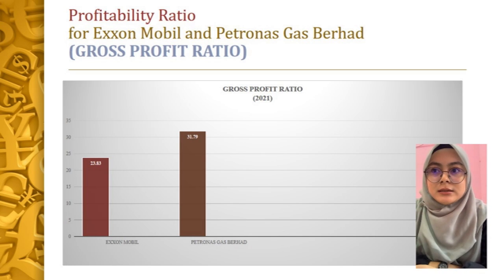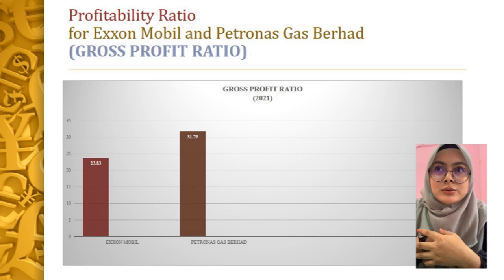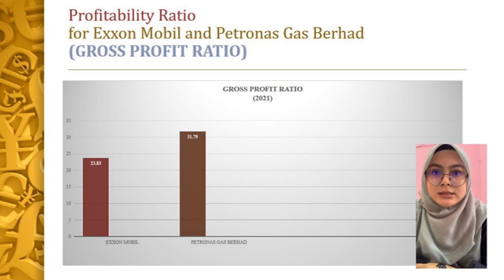Today I'm going to talk about vertical ratio analysis for ExxonMobil and Petronas Gas Berhad in 2021. Based on the graph, the gross profit ratio for ExxonMobil is 23.83%, while for Petronas Gas Berhad it is 31.79%. Petronas Gas Berhad's ratio is higher than ExxonMobil's, with a total difference of 7.96%. A higher gross profit ratio indicates the company's financial health.